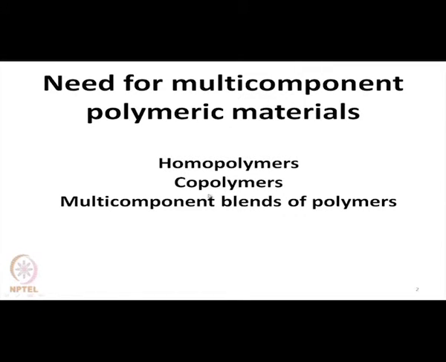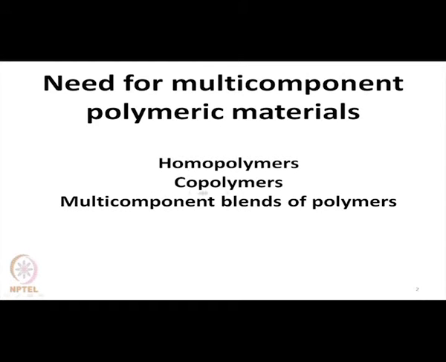So, this way these copolymers were developed, and as expected, such copolymers provide better or improved properties or broad spectrum properties, which are not present in one homopolymer. That was successful. That means the properties of the two monomers can be developed in a copolymer.